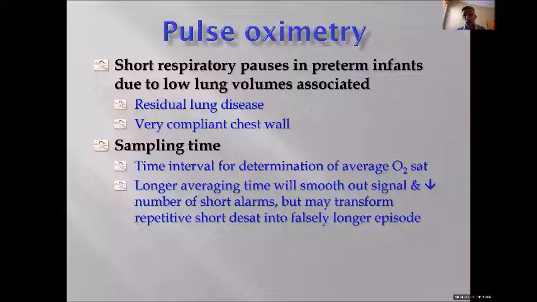So the sampling time can be every 1 second, every 2 seconds, every 5 seconds, every 10 seconds. The longer the interval of that sampling time gives you more peace of mind, because it will not show you the short pauses of desaturation.